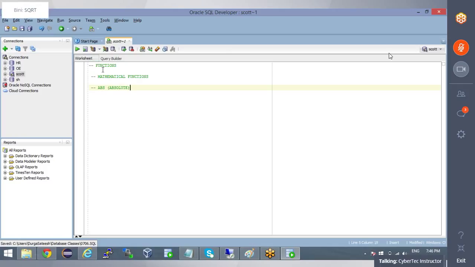Right, this function, what is this? Yeah, you have square root also. Will come one by one. Okay, all right, absolute. What this function does? All right, let's say select -15.